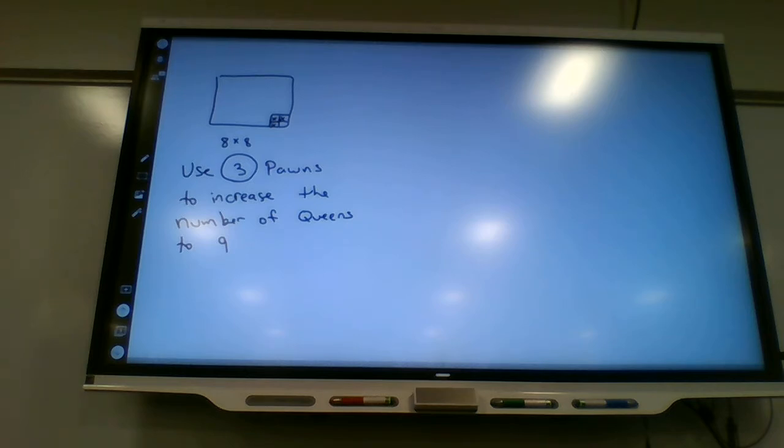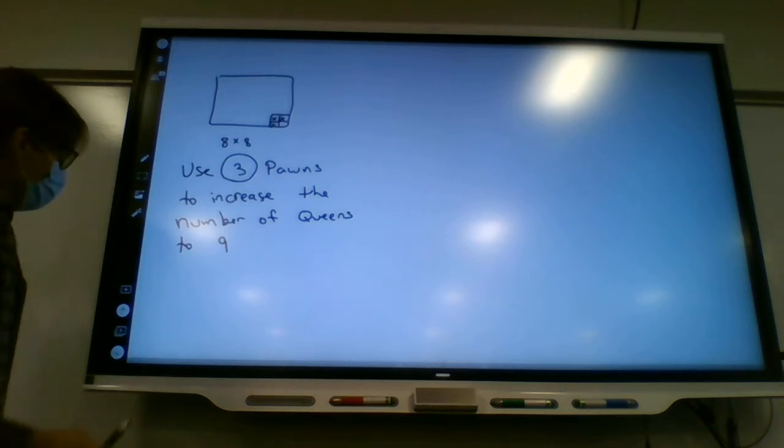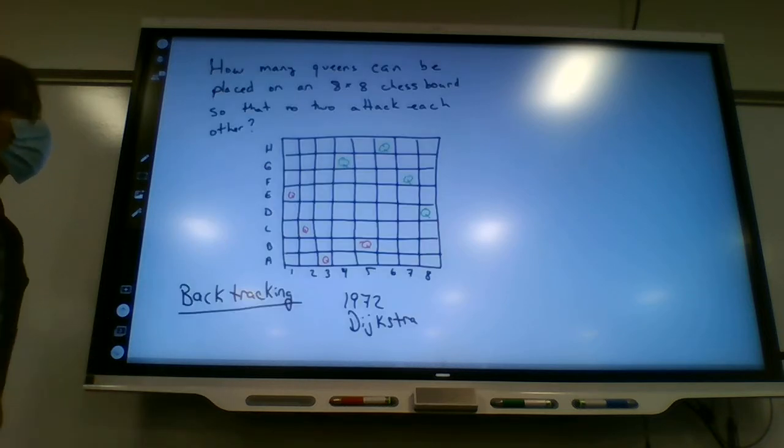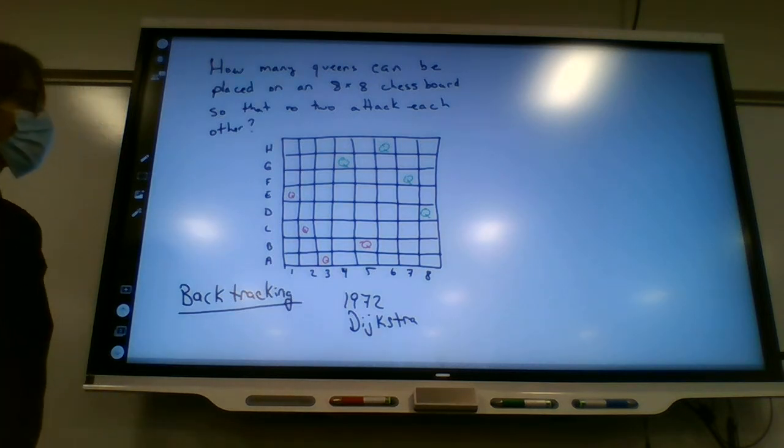And so, after a little bit of experimentation, you could use 2 pawns in our previous solution. So in this solution, where would you want to put pawns? You could put another queen in like A8 and a pawn in A7 and B8. Right?